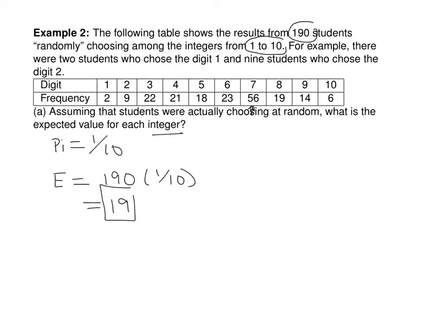So if 190 students chose between 10 numbers and they were picking randomly, we would expect about 19 people to choose each number. And you can see that that probably isn't even remotely close to true. Look, 1 was just chosen twice and 7 was chosen 56 times.